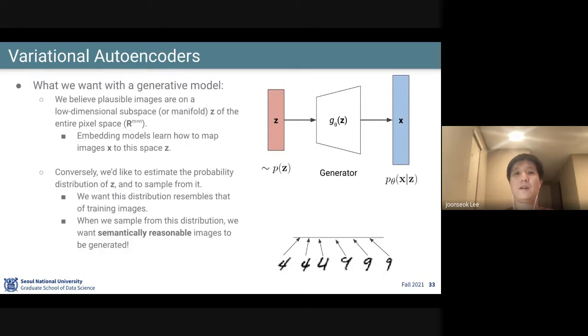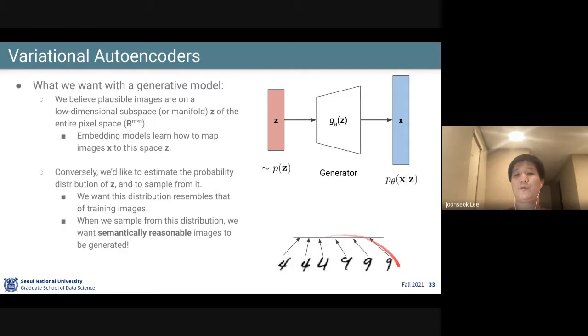What we want with a generative model is that there should be some plausible images in some distribution, called PZ, and we'd like to learn a generator, called G, to produce these images. As a simple example, we have just images of 4s and 9s, handwritten images like MNIST.